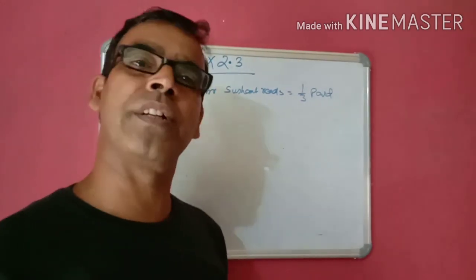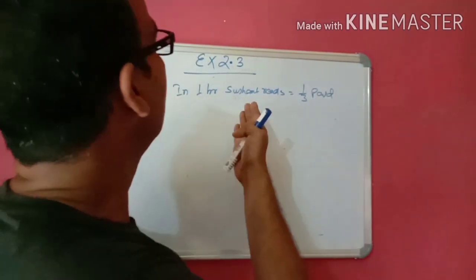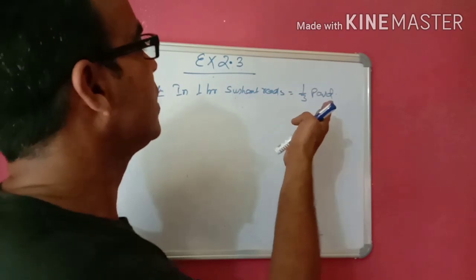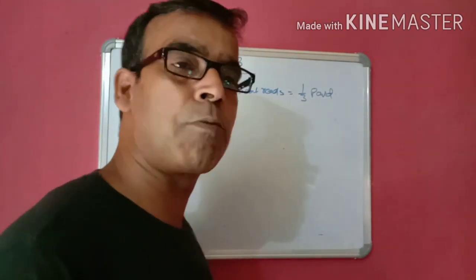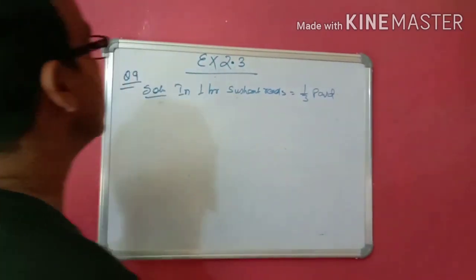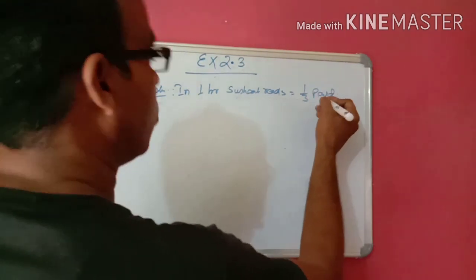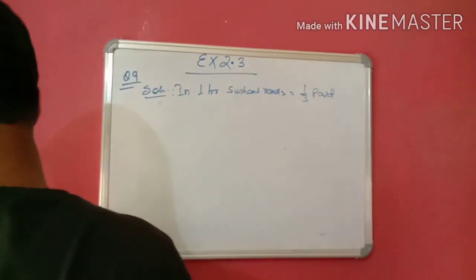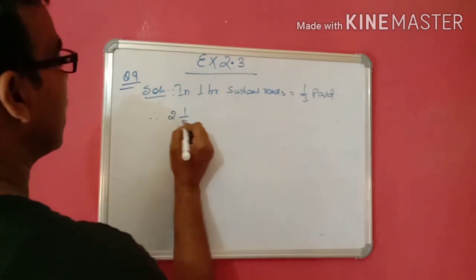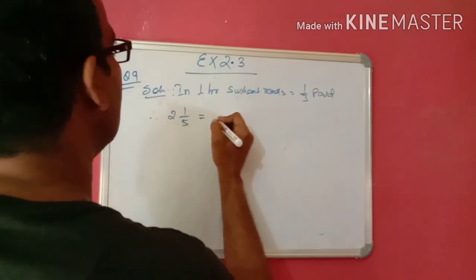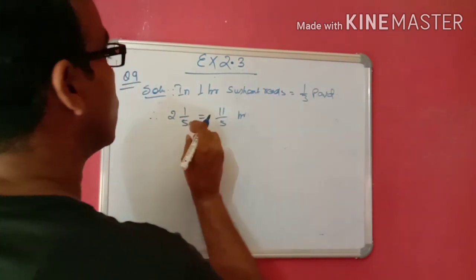So according to the question, it seems to be just multiply, because in 1 hour Sushant reads 1 by 3 part. First of all, a mixed fraction is given, I have to change it into an improper fraction. 2 whole 1 by 5 hours means 2 5s are 10, 11 by 5 hours. So it will be multiply only.